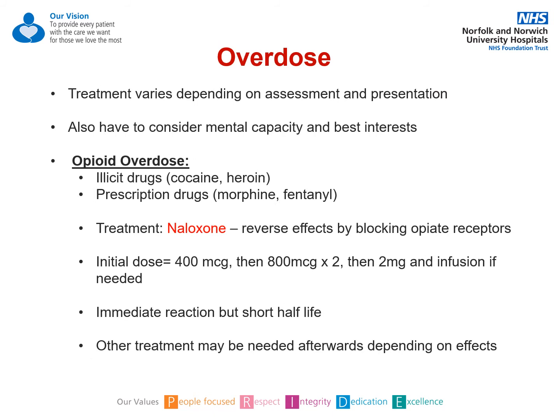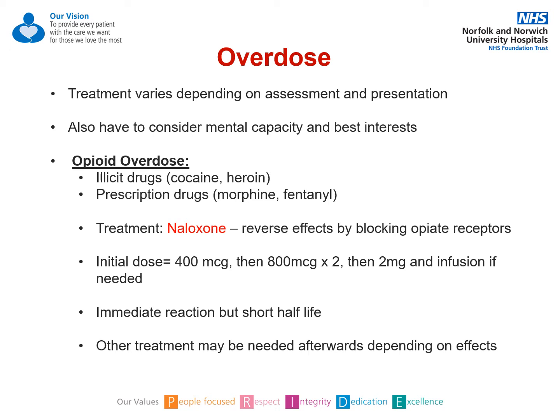Our treatment and where that patient goes very much depends on that assessment and how the patient has presented, which every single one is very, very different. We might have to call security to help us with some patients. We might have to special others, particularly if they're really not wanting help. So we have to always be considering mental capacity and the patient's best interests.